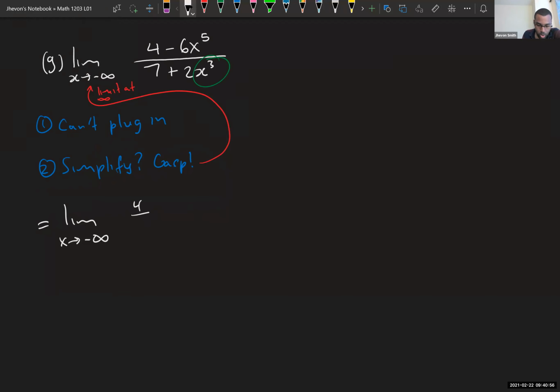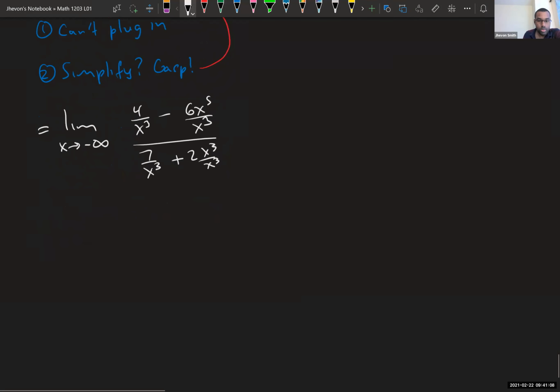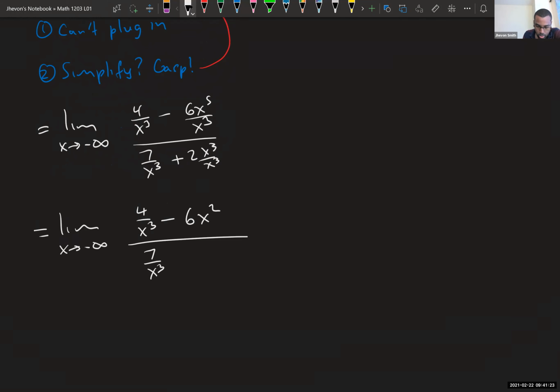So I'm gonna have 4 over x cubed minus 6x to the 5 over x cubed, 7 over x cubed, plus 2x cubed over x cubed. So that's going to be 4 over x cubed minus 6x squared over 7 over x cubed plus 2.